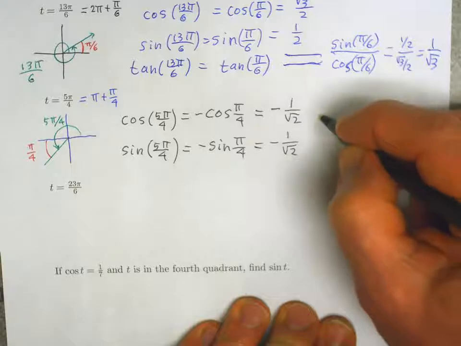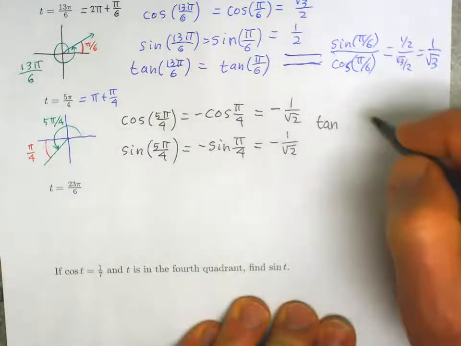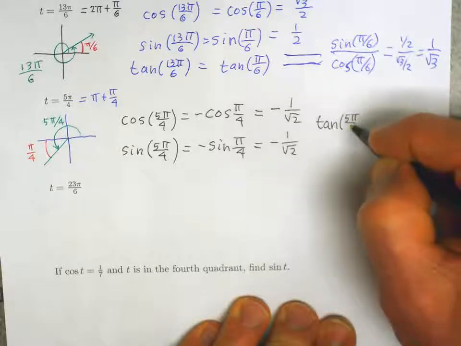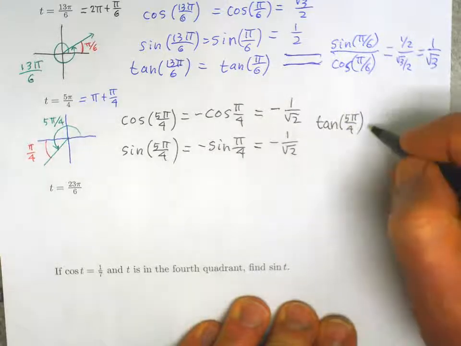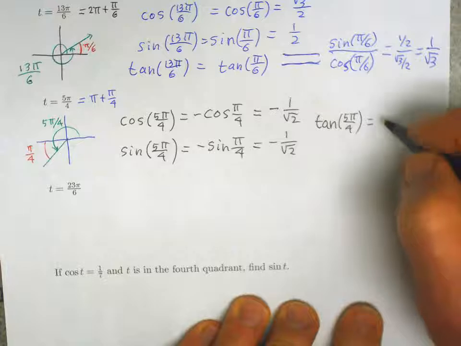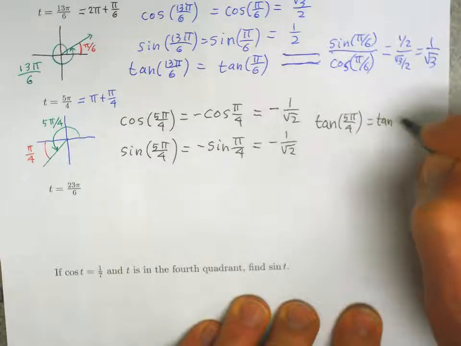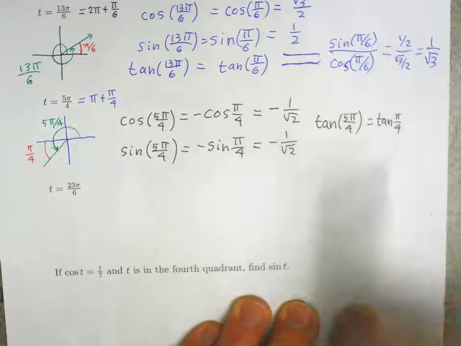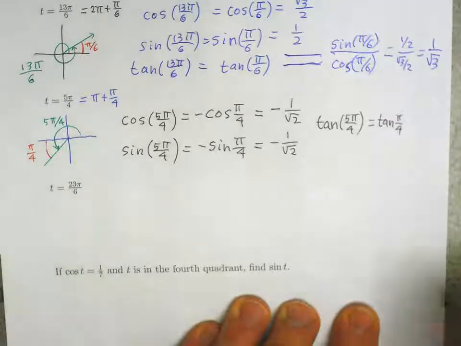And finally, the tangent of 5 pi over 4, that's equal to the tangent of pi over 4.